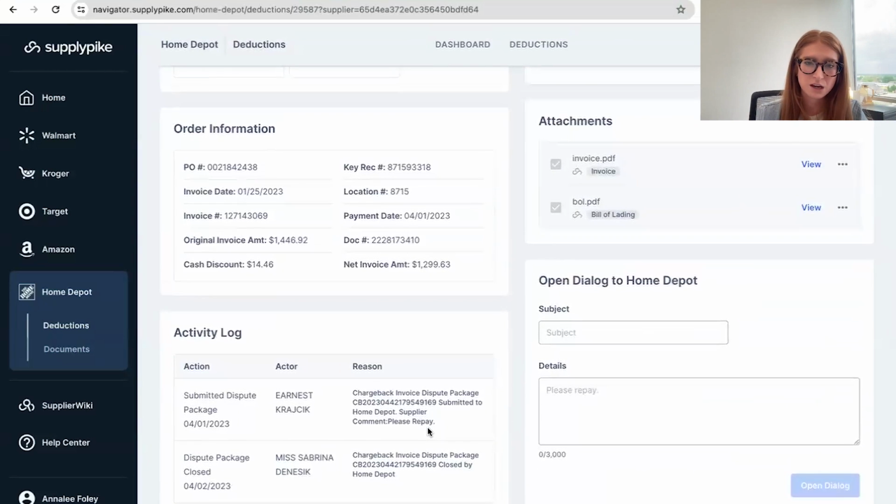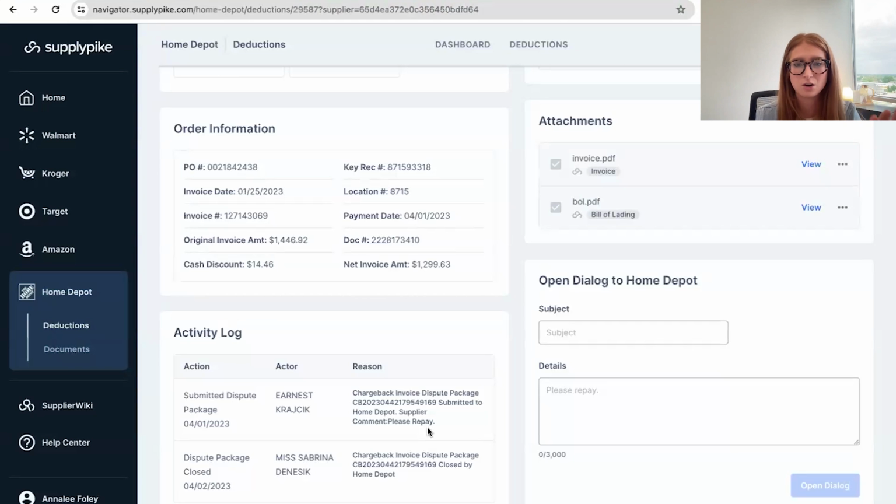And another thing I wanted to call out is that we have the activity log. So this is a straight mirror from what is in merchandise payables today, with their activity log that they have at the bottom. So we wanted to make sure that we had all of that information there, because it's important to understand who reviewed it, when did they review it, what did they say, and then also on the other side of that, as the user here in SupplyPike is adding documents, submitting the claim, opening a dialogue, we wanted to make sure that we had record of it here.